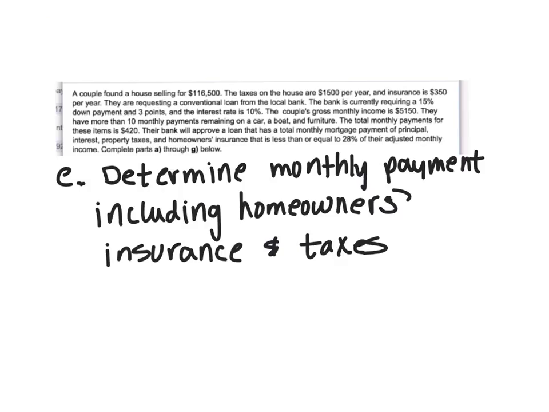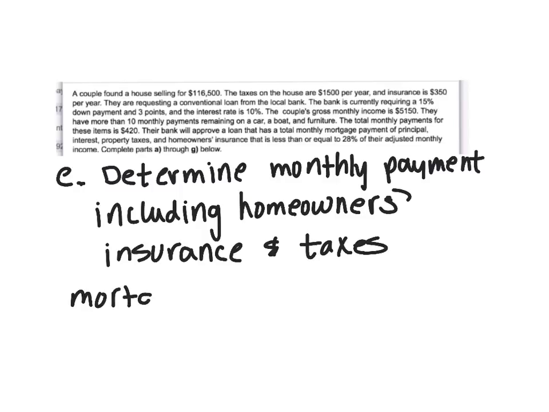Okay, so part E is asking, determine the monthly payment, including homeowners insurance and taxes. So I'm going to use, first of all, the actual mortgage payment. I'm going to write it a little more neatly.